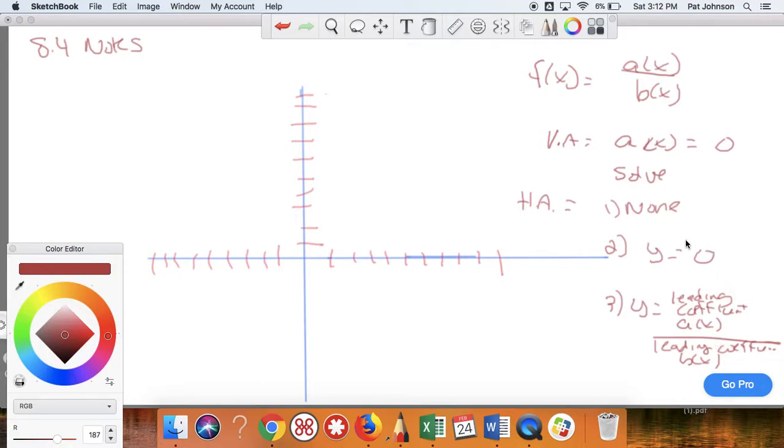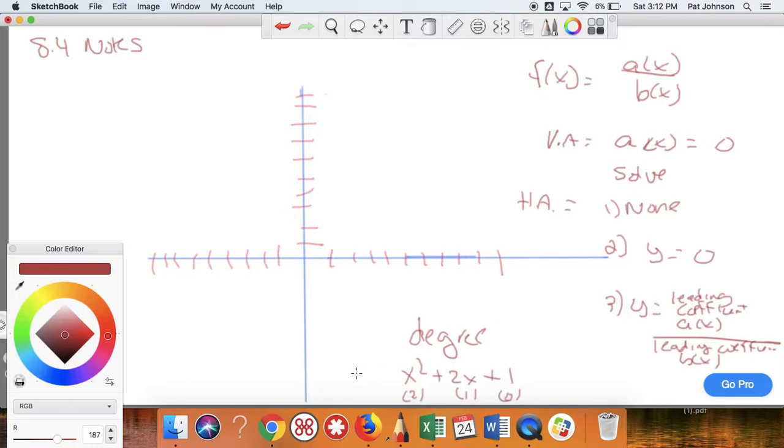So when is there no horizontal asymptote? It's important to know. First of all, we have to find the degrees of the 2 polynomials a of x and b of x. What is degree? Example, x squared plus 2x plus 1 is a polynomial. The terms have degrees of 2, 1, 0. We can go over in class if you forget what degrees are.